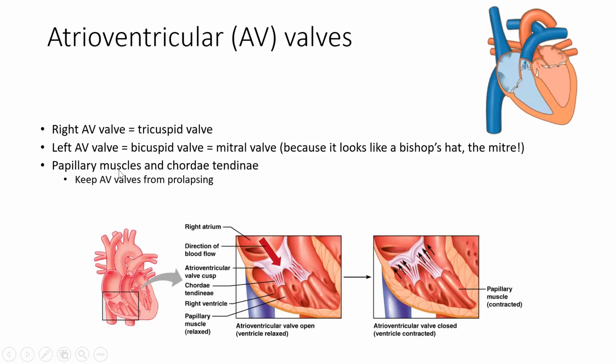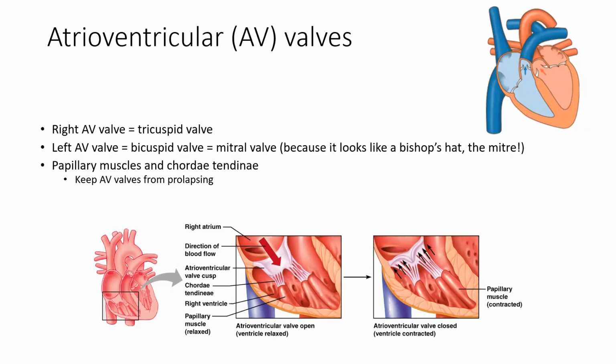We can also speak about the papillary muscles and the chorda tendineae. These are two structures that are located in the ventricles themselves. So the papillary muscles are these muscles that are sticking up here. And then the chorda tendineae are these tendinous cords or fibrous connections to the valve itself. What these two structures do is prevent the valve from going back up into the atria.